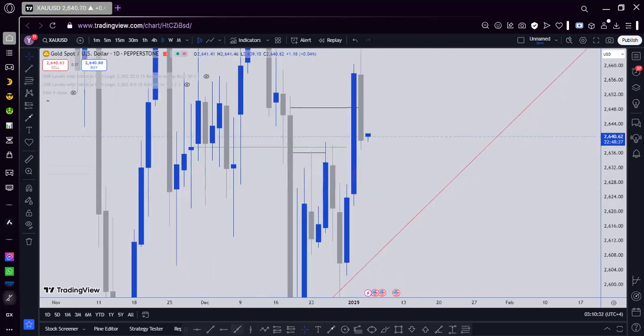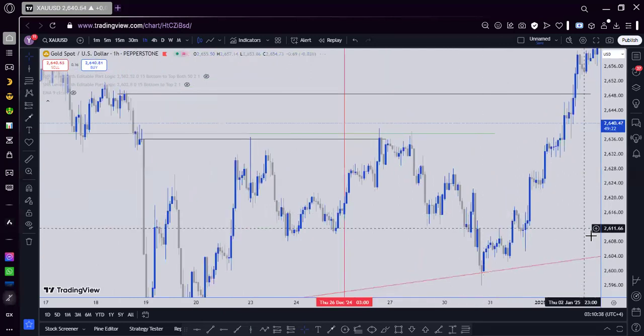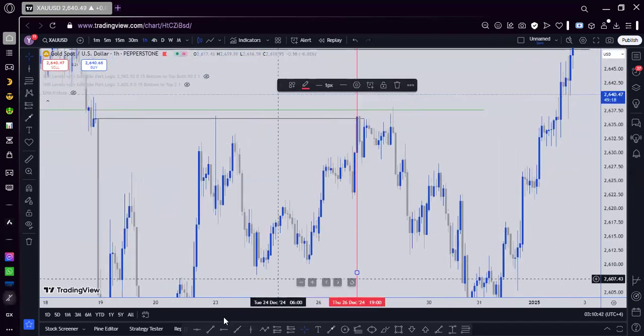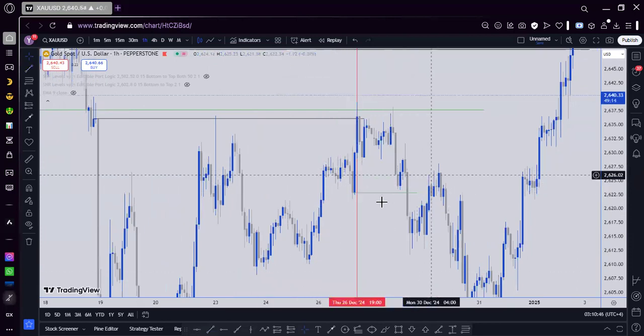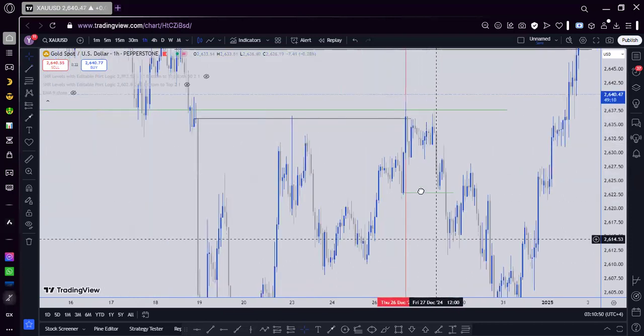Now let's put our vertical line and check the 1 hour breakout. So this is our daily rejection, and this is our 1 hour bearish breakout for the bearish daily classic storyline.